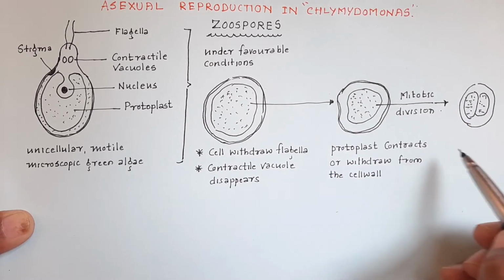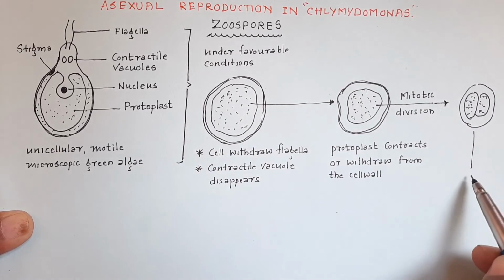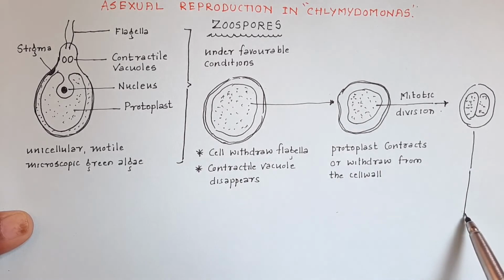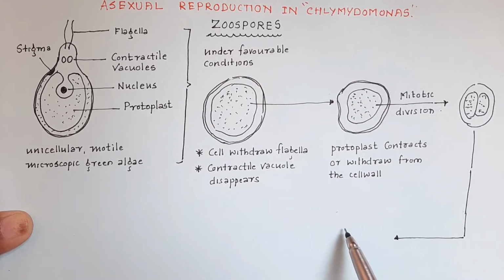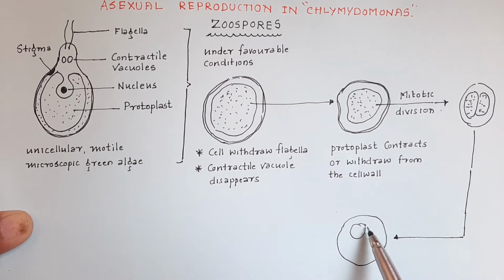These two daughter cells again undergo transverse division, resulting in the formation of 4 daughter cells.